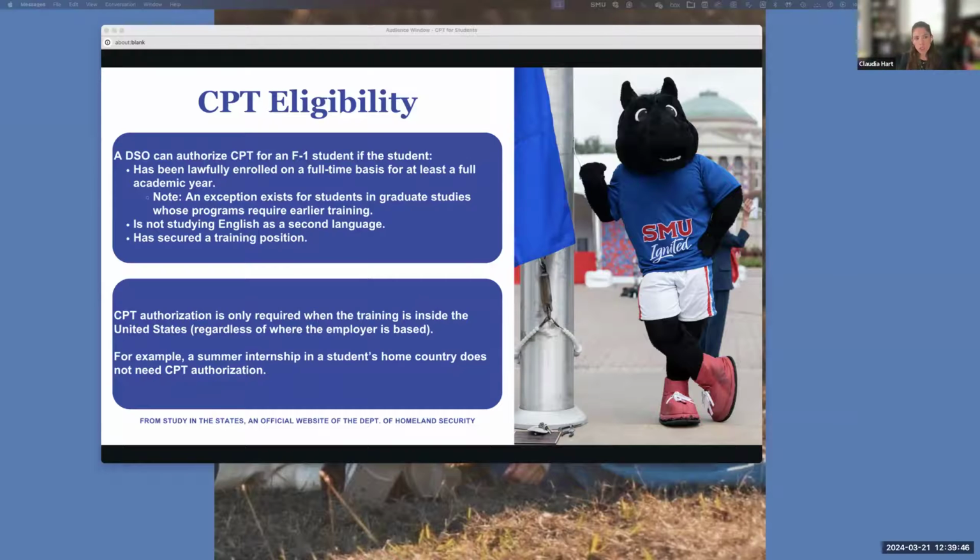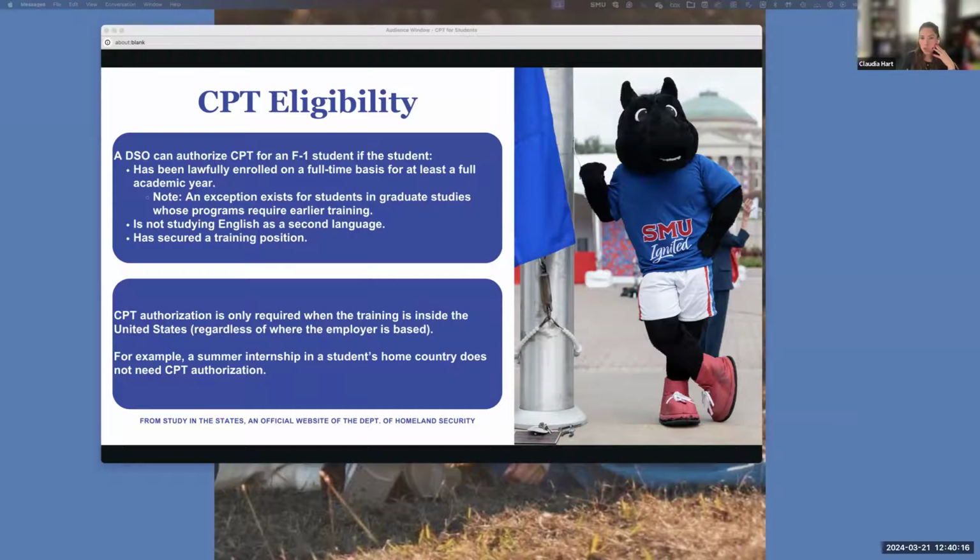Like I mentioned earlier, in order to apply for CPT work authorization, you have to have been enrolled as an international student with an F1 visa for at least one academic year. If you are pursuing an IEP or an English as a second language program, you are not eligible to apply for CPT. CPT authorization is only required when the training is inside the US.